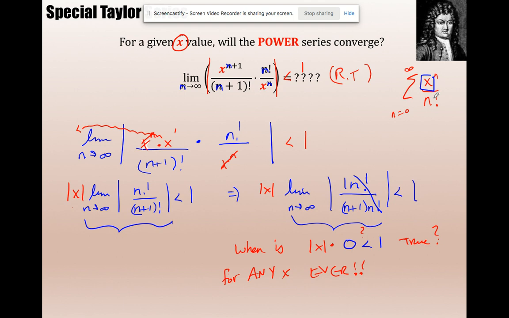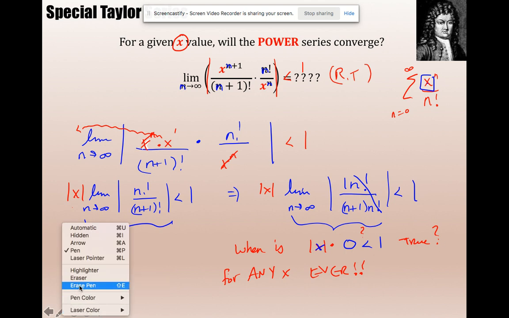You don't need to do the ratio test for every series. When x is equal to 3, when x is equal to 10, when x is equal to negative 30, you don't have to test it because you tested it for every x. You did the ratio test with x in it, and you can replace any x in the universe here, and you will get a convergent numeric series.